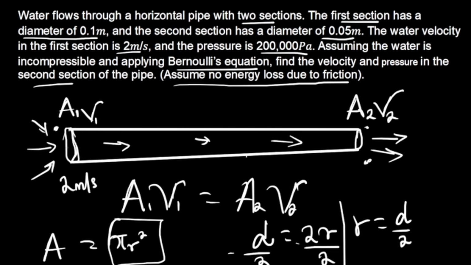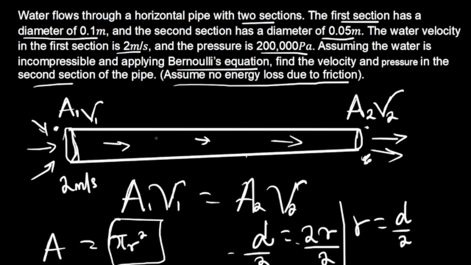And if the pressure right here is 200,000, you're supposed to get a pressure less than 200,000 right here at the second section. So you should not get a pressure higher than 200,000 at this end. If you get it, it means you have gotten it wrong or the question is wrong. So this pressure must be less than 200,000 pascals.